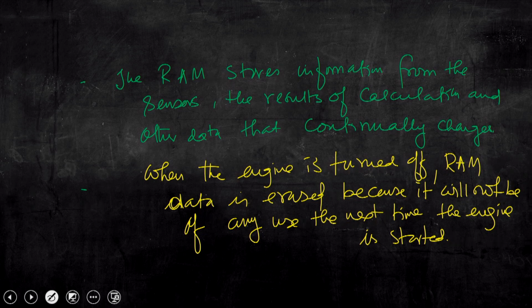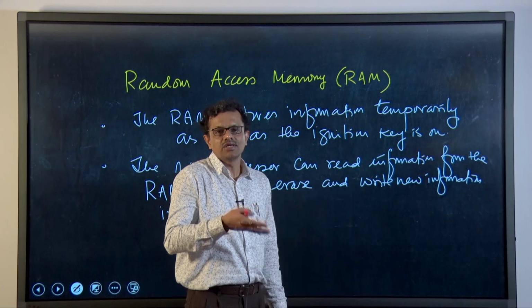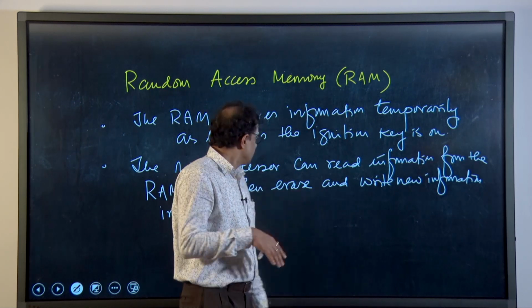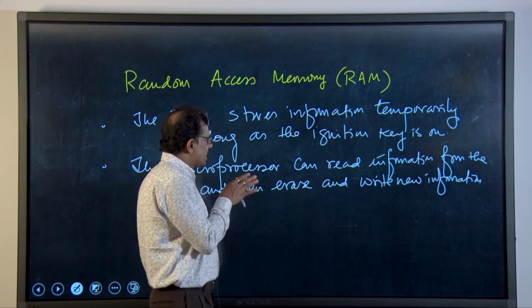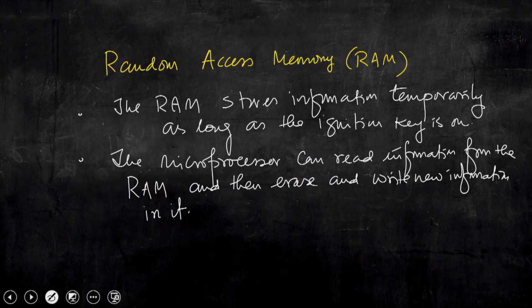If we go back to the previous slide, we have written that RAM will store information temporarily as long as the ignition key is on. So, when the ignition key is on, that is the engine is in on condition, then RAM will store data temporarily, and the microprocessor can read information from the RAM and then erase and write new information in it. So, the engine is running, and continually the microprocessor will read information from the RAM and then erase and write new.